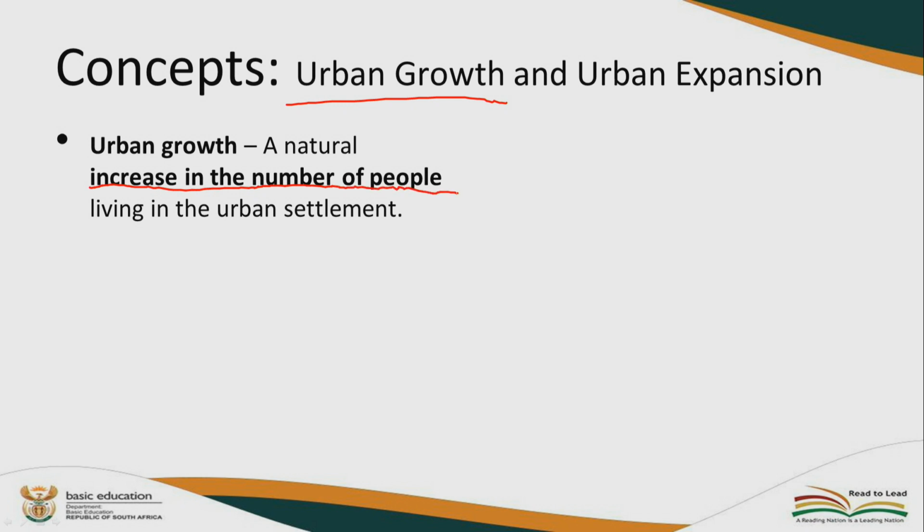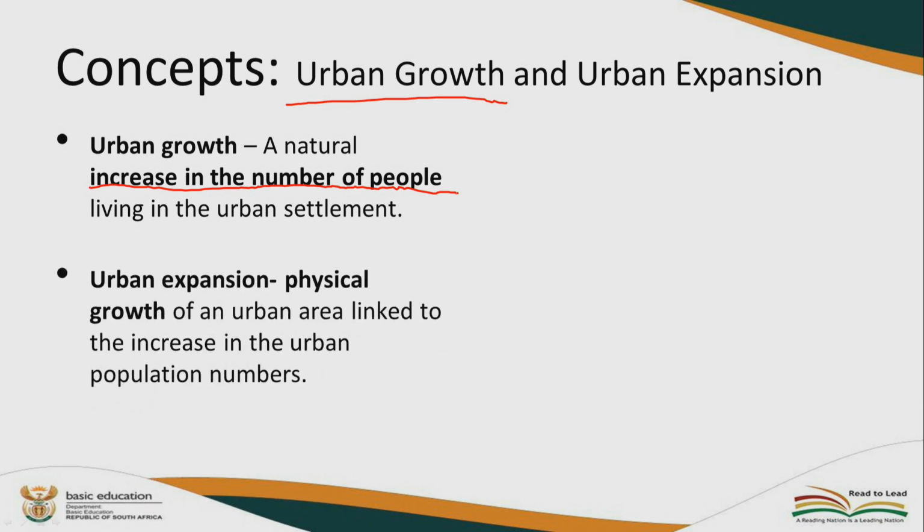So many people are living in urban areas. So here we talk about the population that we find in urban areas. That's where we are talking about urban growth. And then the next concept is urban expansion. With urban expansion, we look at physical growth. That is why I put these two concepts together.